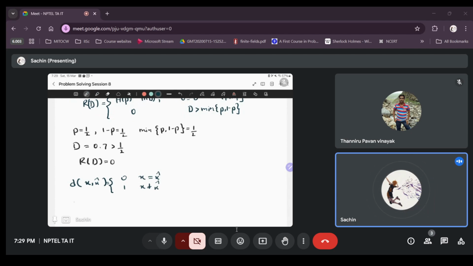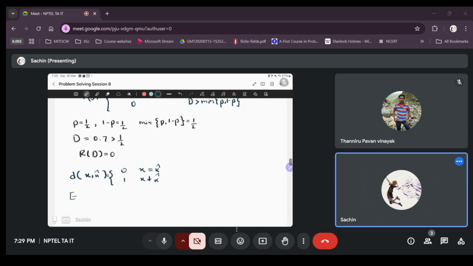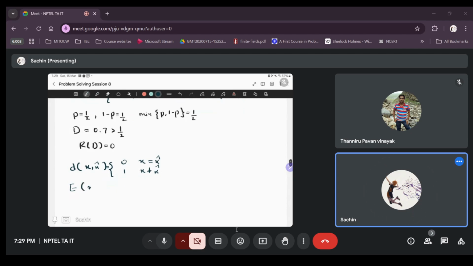So the distortion is the expected value of the distortion, E of d of x comma x hat.